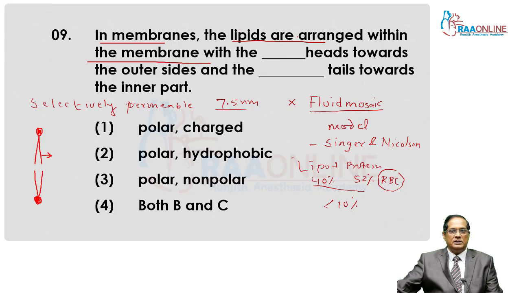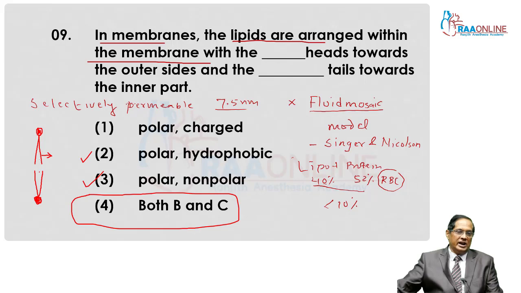In membrane, lipids are arranged with polar head towards outer side and non-polar tail towards inner side, and tails are hydrophobic. So this is also correct and this is also correct. That's why my answer is B and C.